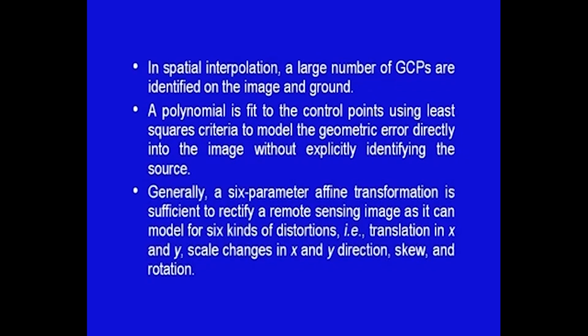Generally, a 6-parameter affine transformation is sufficient to rectify a remote sensing image, as it can model 6 kinds of distortions, that is, translation in x and y, scale changes in x and y, and skew and rotation.